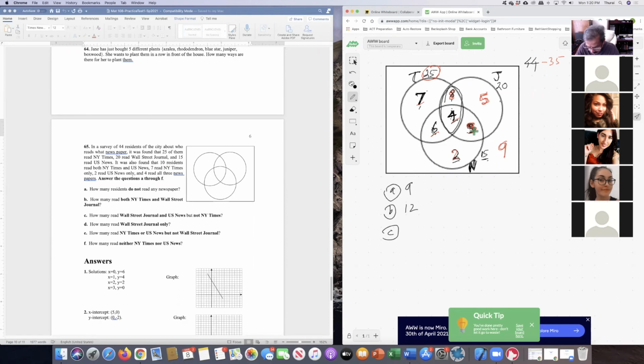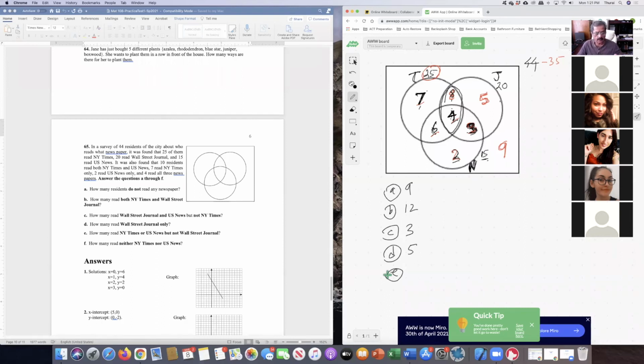It's just 3. 3 is right, this 3 right here. That's our answer. Part D is how many read Wall Street Journal only? Journal only? 5. 5 is right.